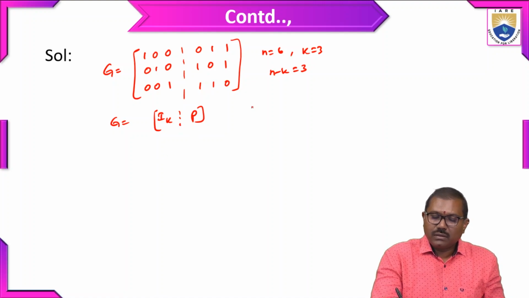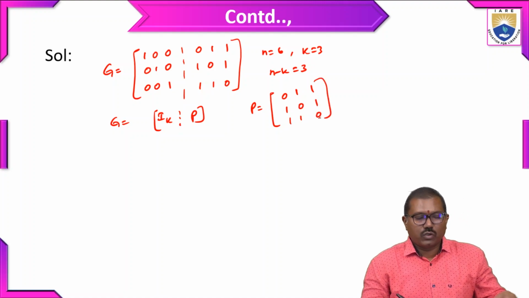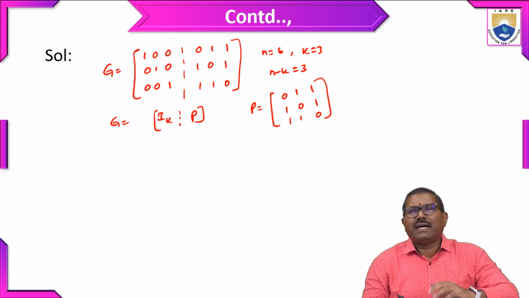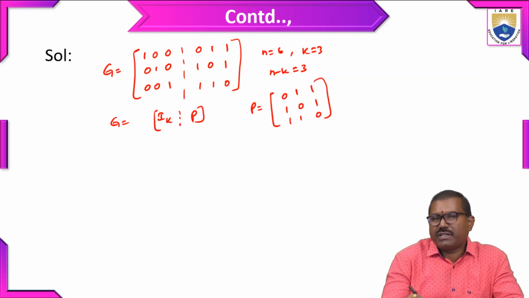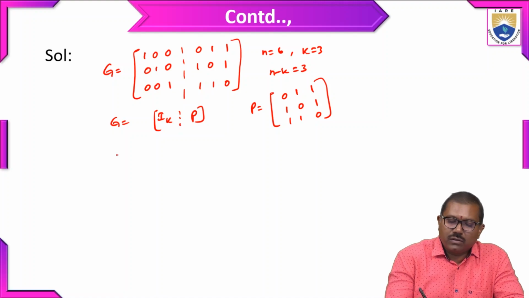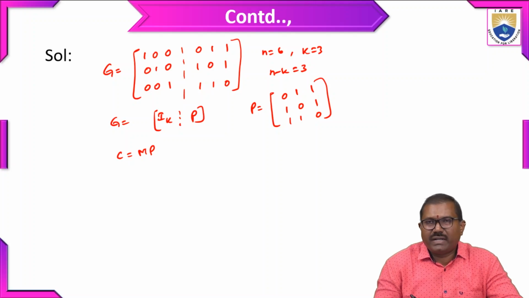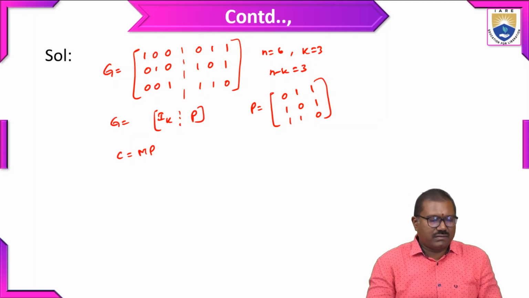From this I can write my coefficient matrix: 0 1 1, 1 0 1, 1 1 0. After getting the coefficient matrix, I am going to get the parity check bits, or simply check bits. For this, C equals M into P. C is the check bits, M is the message, and P is the coefficient matrix.